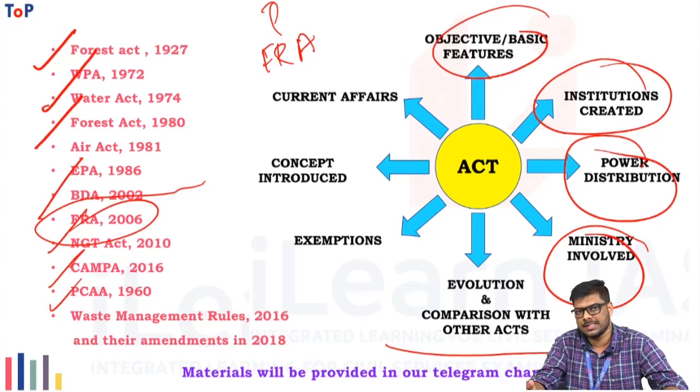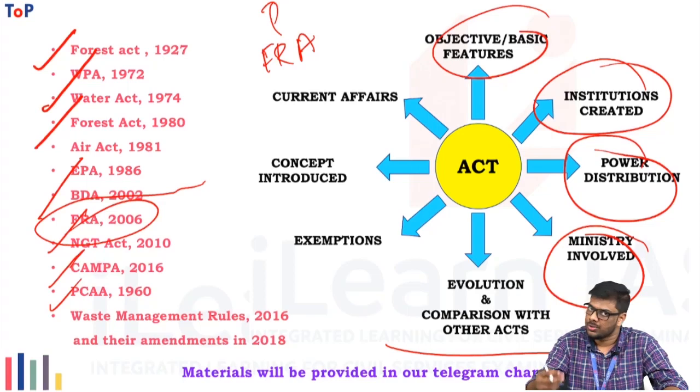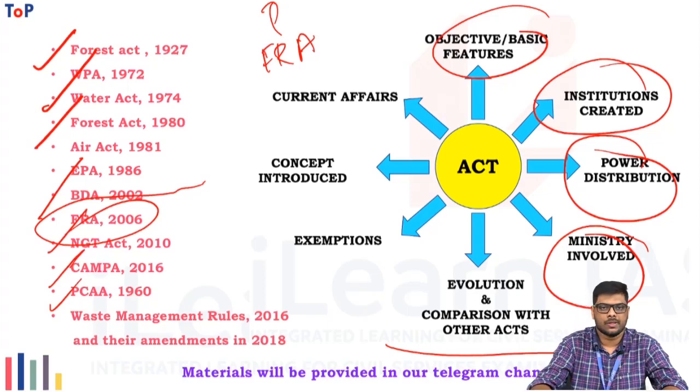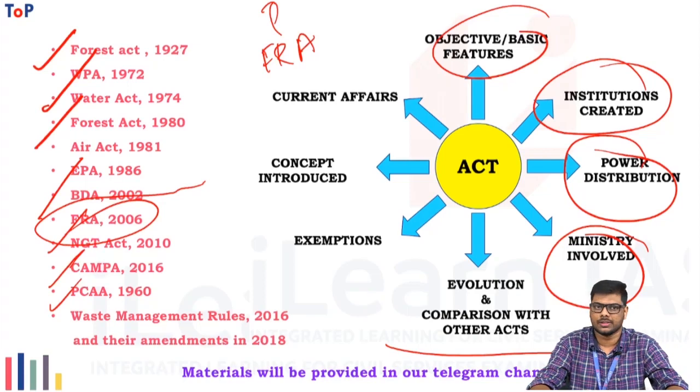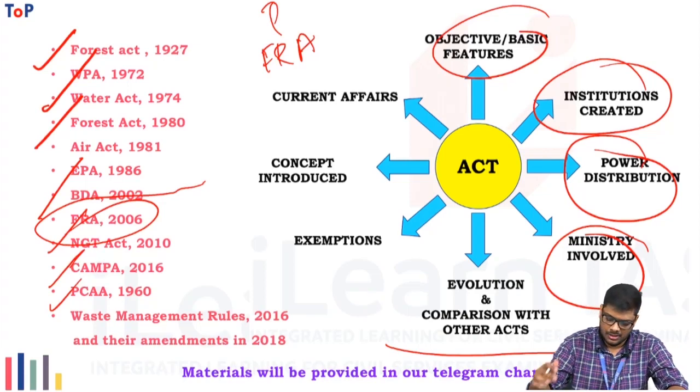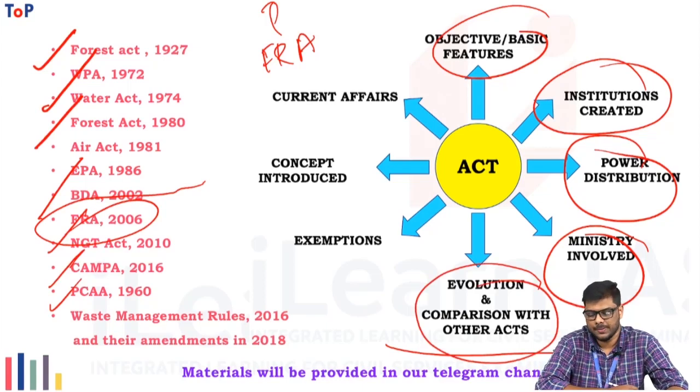Just like that, there are some exemptions and some variations. So be well acquainted with the ministry involved in a particular act. And some acts may coordinate two or three ministries together. Getting it?